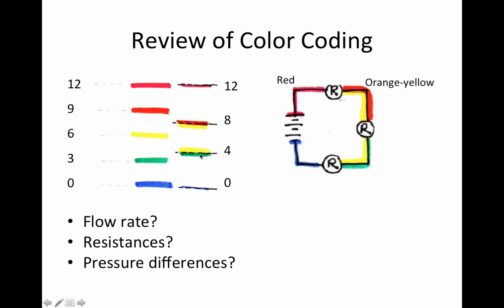Same thing here, to represent the 4, you could represent that with yellow and green, which means it's a pressure that is between the yellow pressure and the green pressure. Okay, so hopefully that helps you understand one of those questions on the homework, and understand how to color code when you need to represent a pressure value that is between something else.